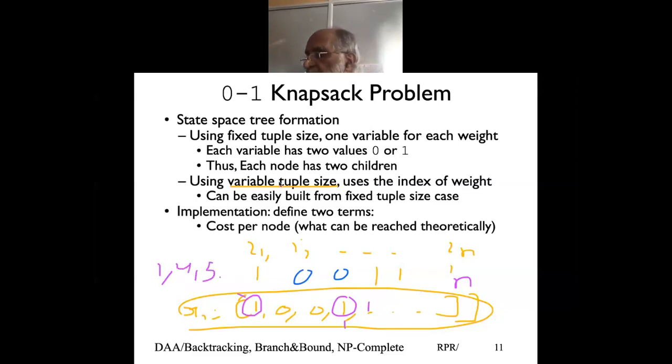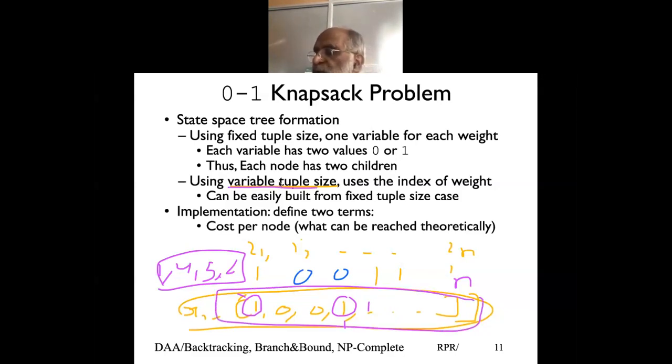Whichever items I am picking, I only keep those indexes, and that becomes what is called variable tuple size. This variable tuple size I can always get from the fixed tuple size, so we will not look into solving this problem. We will look at only fixed tuple size, where we look at each item xi, whether it's 0 or 1.